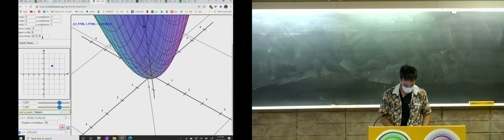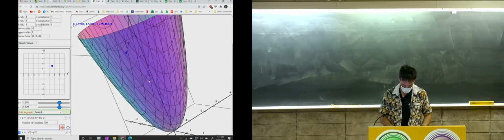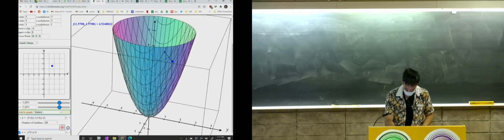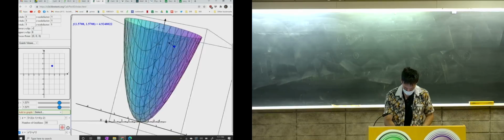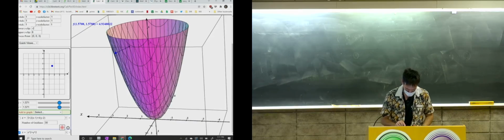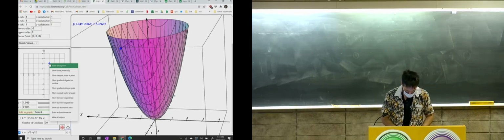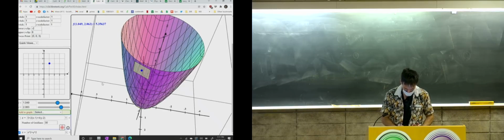Here's our paraboloid, x squared plus y squared. And we're interested in the point where x, y is 1, 2. Like right there. And let's have it show the tangent plane. So that's the tangent plane.